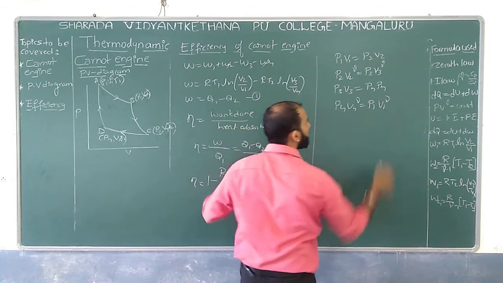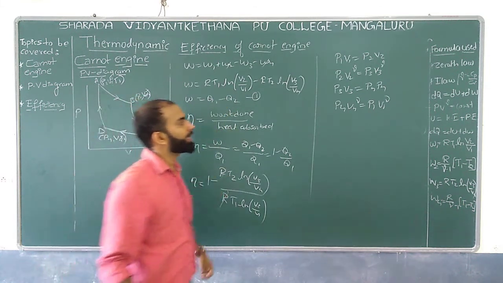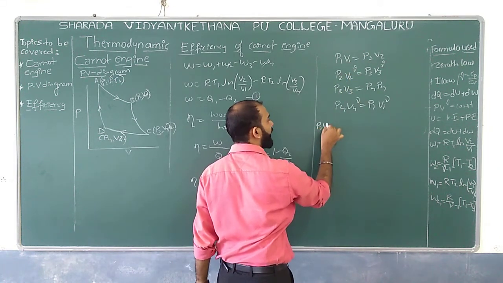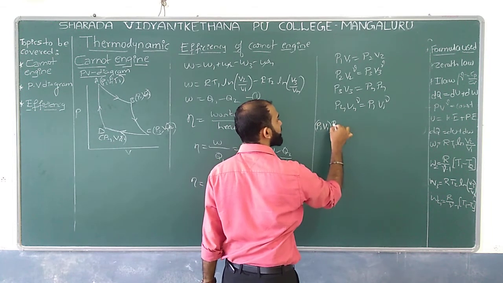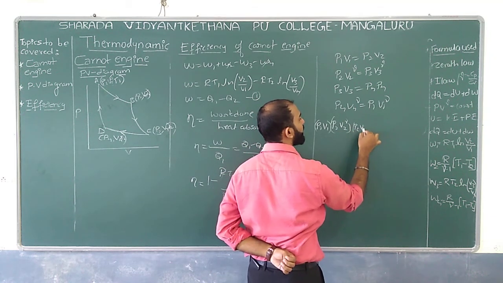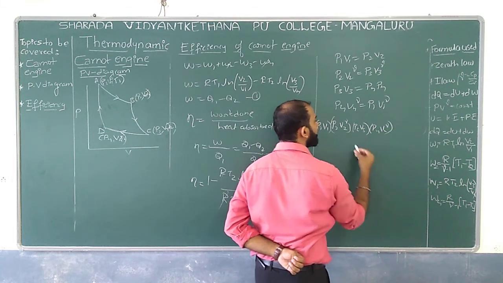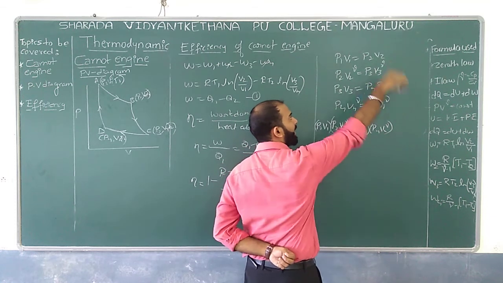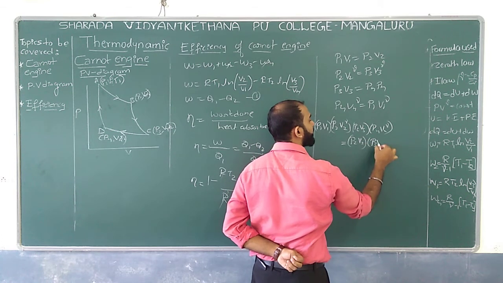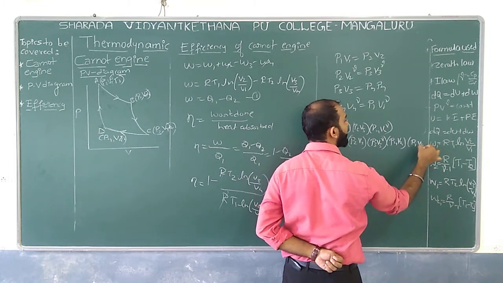Now once again it is the adiabatic compression, so we can write P4 V4 gamma is equal to P1 V1 gamma. Now what I do here is multiply all these relations with each other: P1 V1 into P2 V2 gamma and P3 V3 into P4 V4 gamma is equal to P2 V2 into P3 V3 gamma into P4 V4 into P1 V1 gamma.